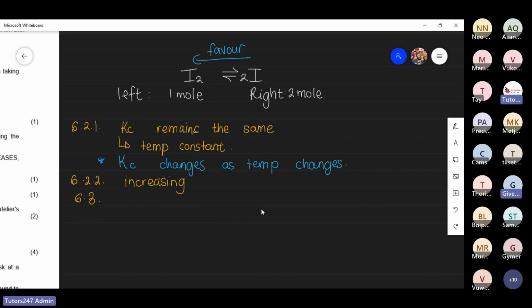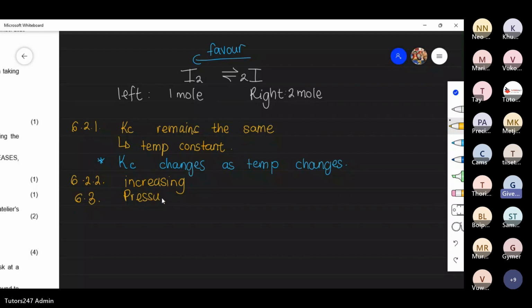So first step, we can see that the pressure increased, right? We know that pressure was increased. Now, what does an increase in pressure result in? Keep in mind our rule. What did we say whenever there's an increase in pressure?